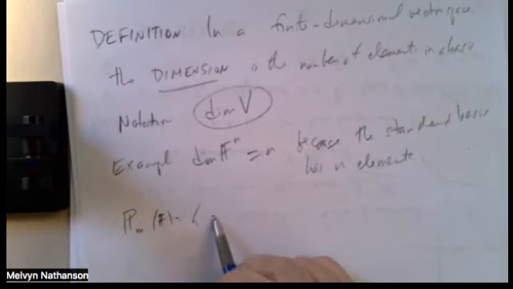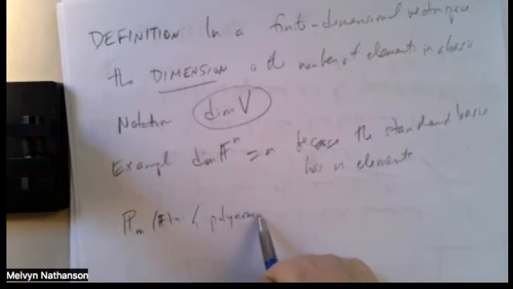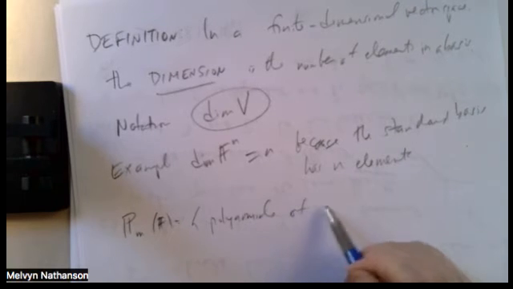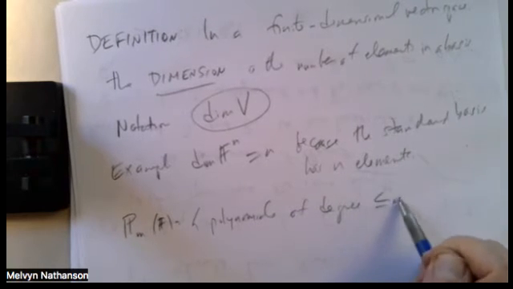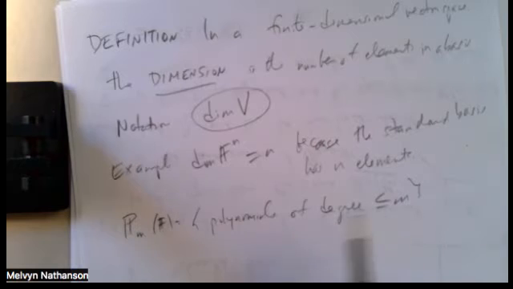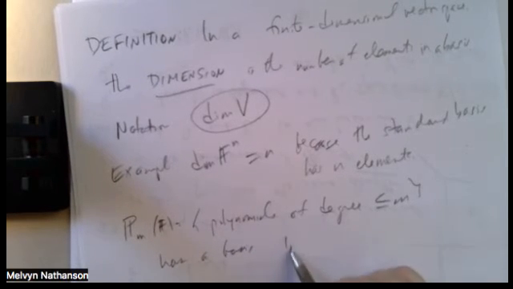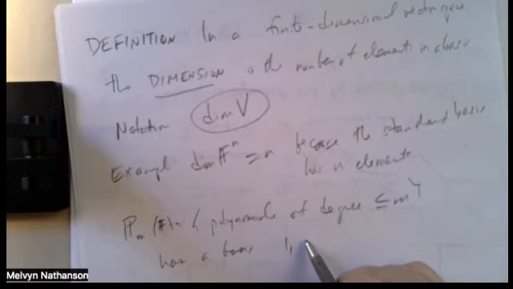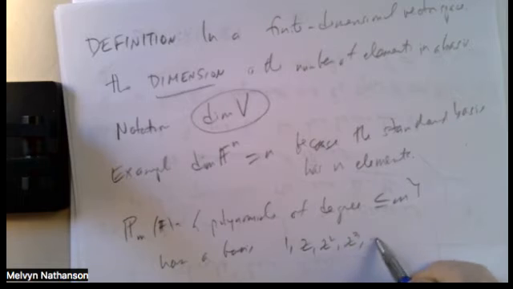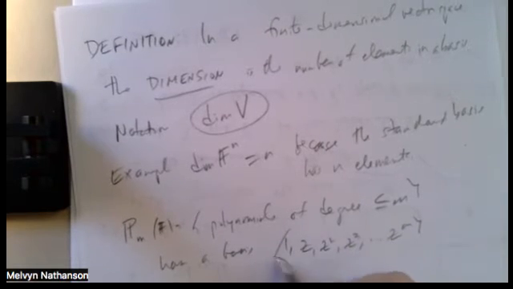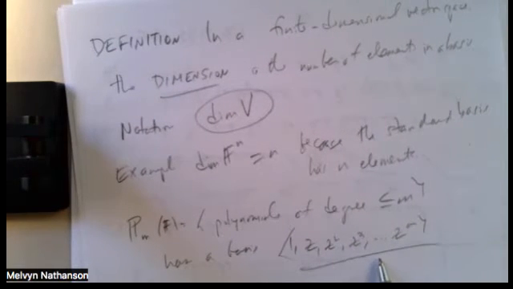This is the set of all polynomials of degree less than or equal to m. And this has a basis of just the powers of z, including z to the 0, 1, z, z squared, z cubed, up to z to the m. This is a basis for the polynomials. Every polynomial of degree at most m is a linear combination of these vectors.